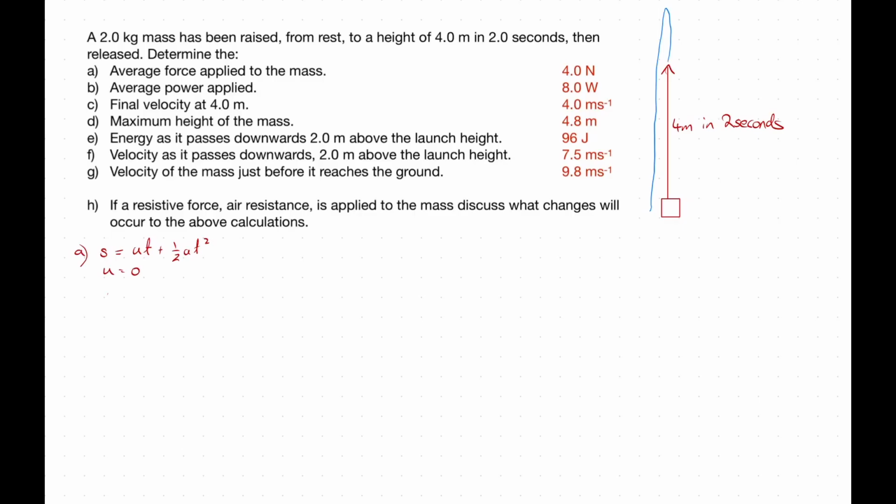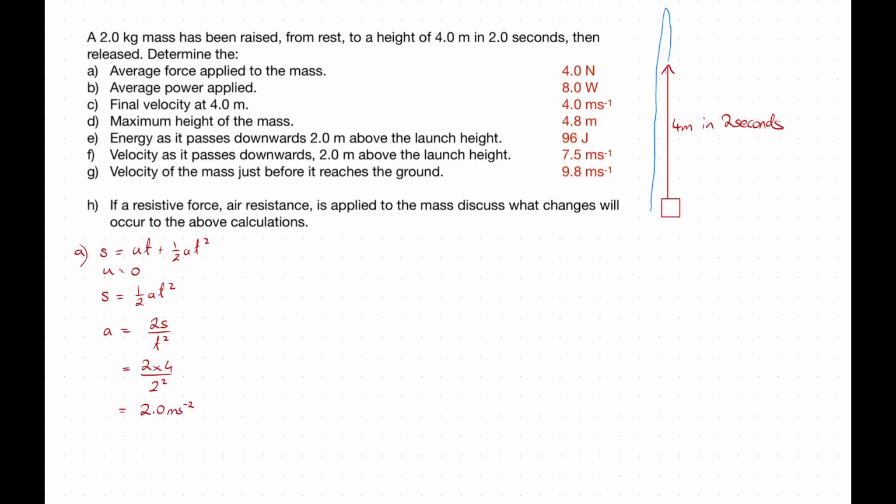So that means that our displacement is going to be equal to a half at squared, and that gives us our acceleration is going to be equal to 2 times our displacement divided by t squared, which is then going to be equal to 2 times 4 divided by 2 squared, which is going to come out as being 2.0 meters per second squared. That gives us our acceleration.